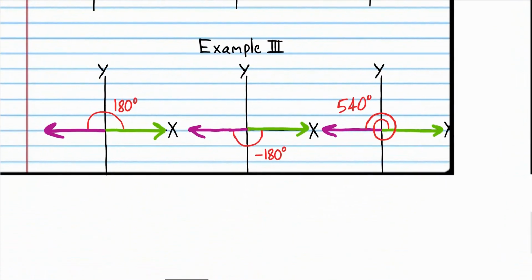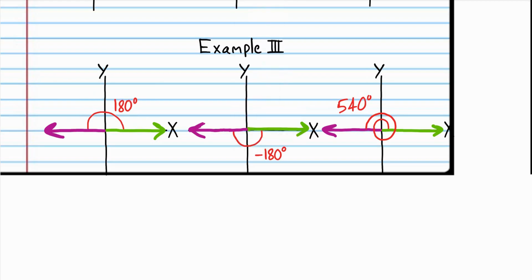Here's another example. We have our terminal side of the angle going to the left. In each one of these cases, if you rotate 180 degrees, and remember, you always have to start on the positive part of the x-axis, the terminal side is right on the x-axis going to the left.